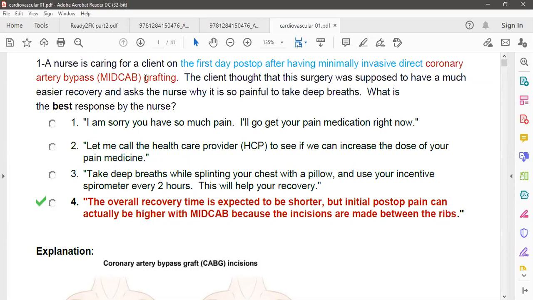Very important for the patient, right? The client thought that this surgery was supposed to be much easier, and asked the nurse why it is so painful.